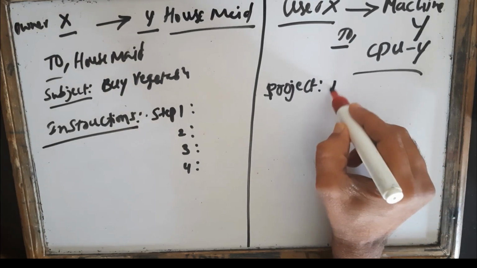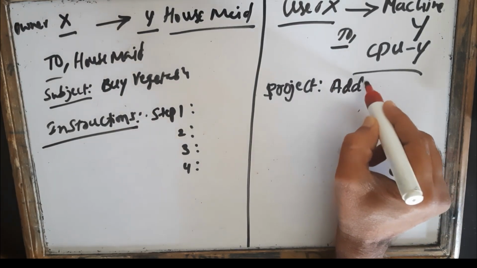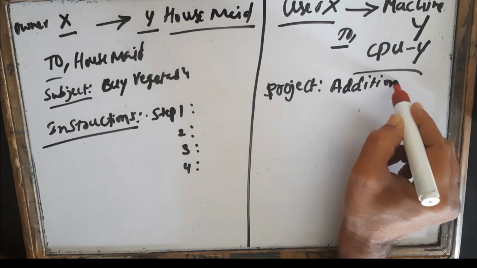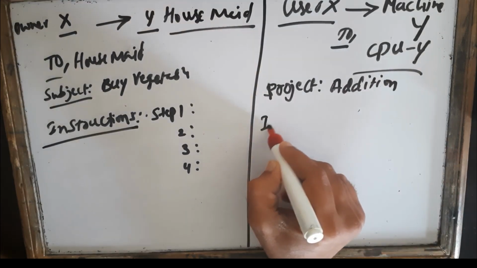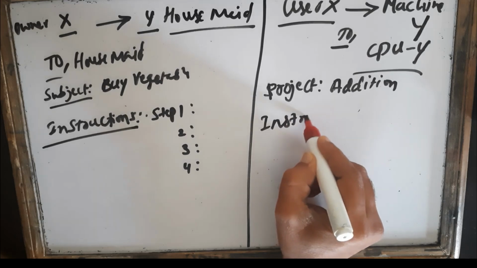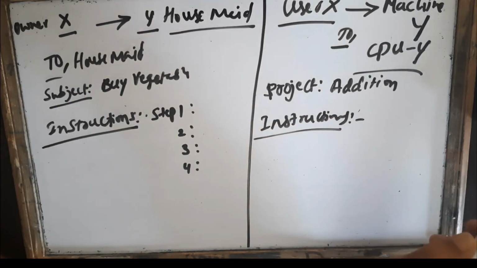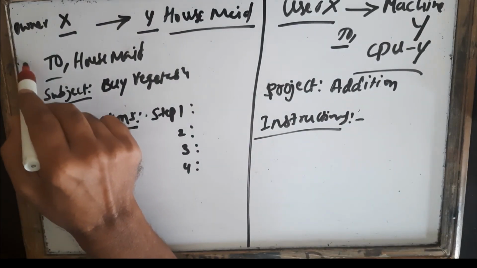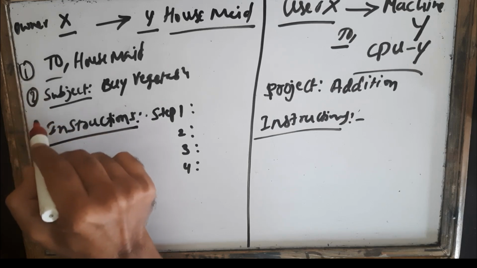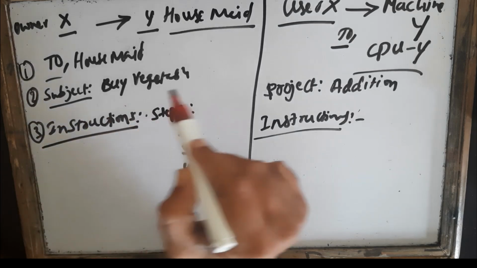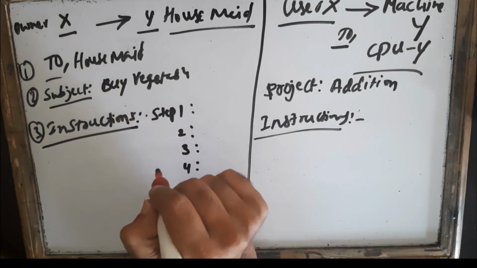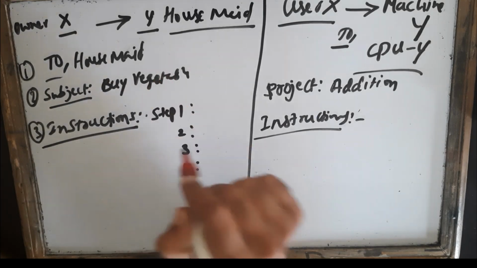The project will be like, we take one basic example of addition and we write instructions. So this is normally the subject and instructions we write for a human like Y, housemate.